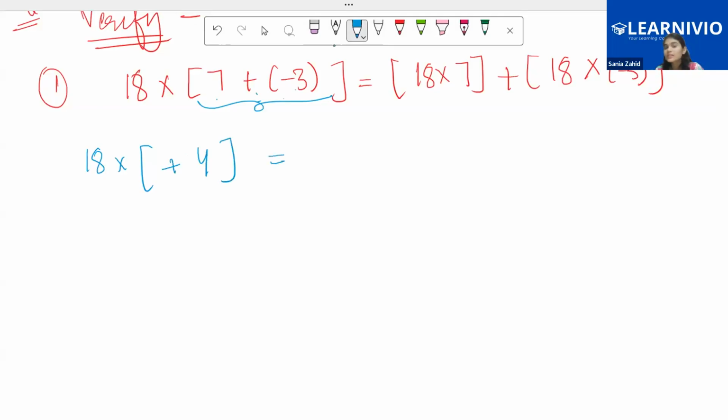So 18 into 4 is equal to, what is 18 into 7? Solve 18 into 7. 126. Plus what is 18 into 3?